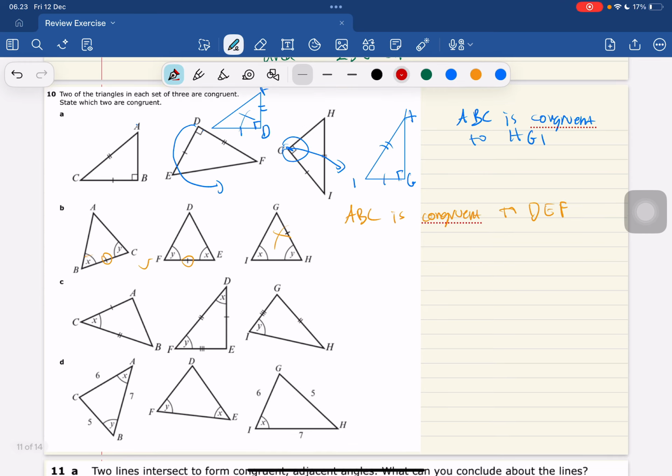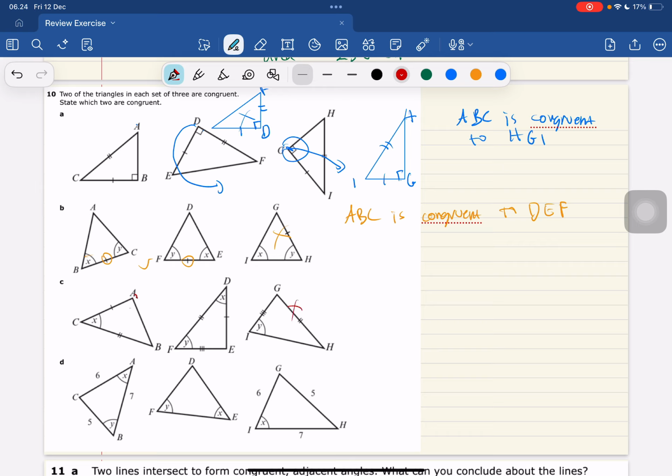Next, let's see. The angle X and Y. We can see from here A, C, B. E, D, E. Okay, not with this.